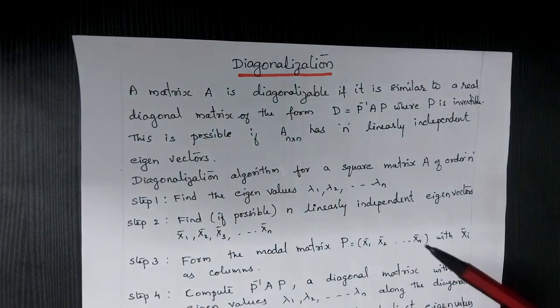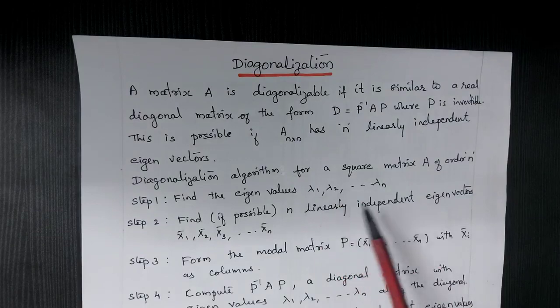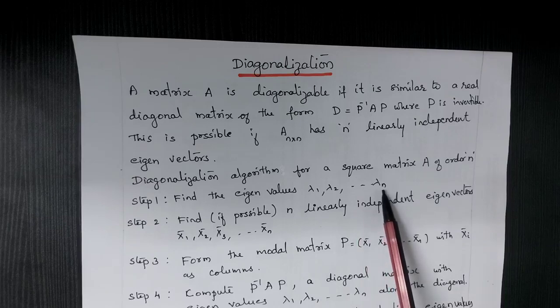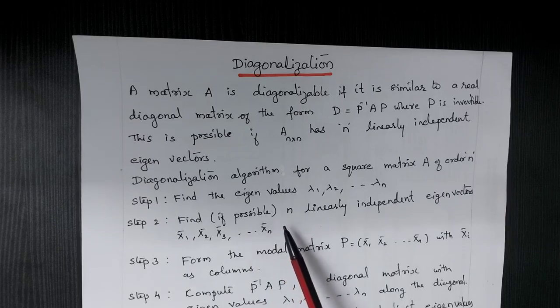Now, what are the steps for the diagonalization algorithm? Step 1. Find all the eigenvalues. These eigenvalues may be distinct or may have repeated eigenvalues. The second step, you find n linearly independent eigenvectors.